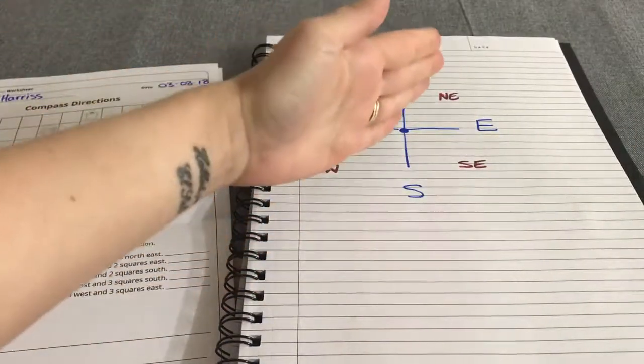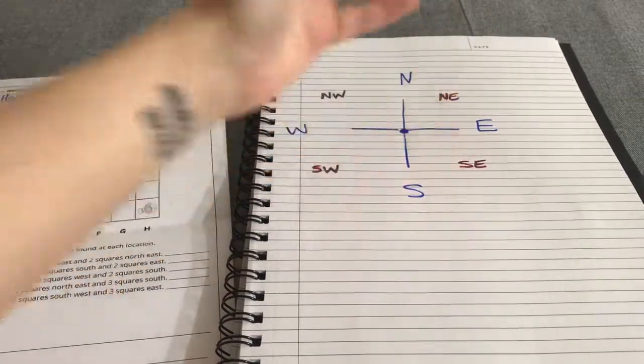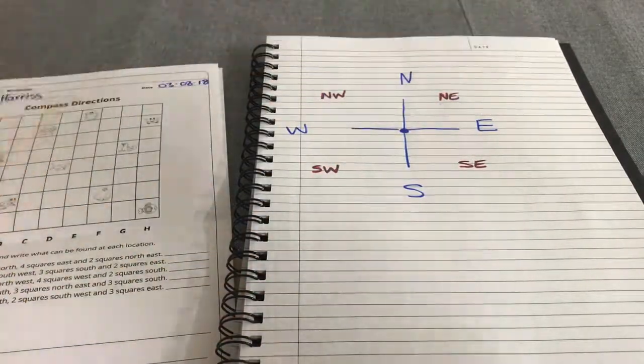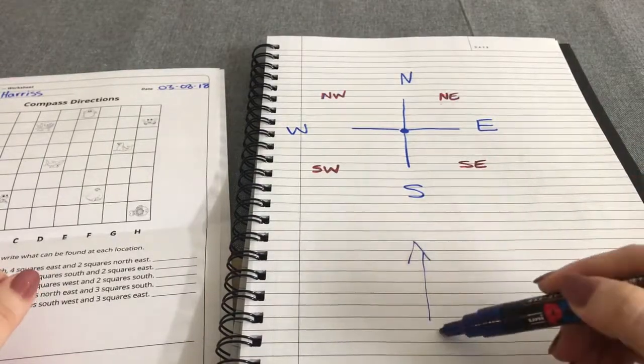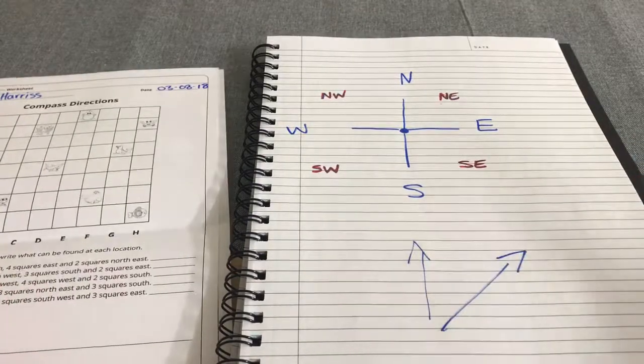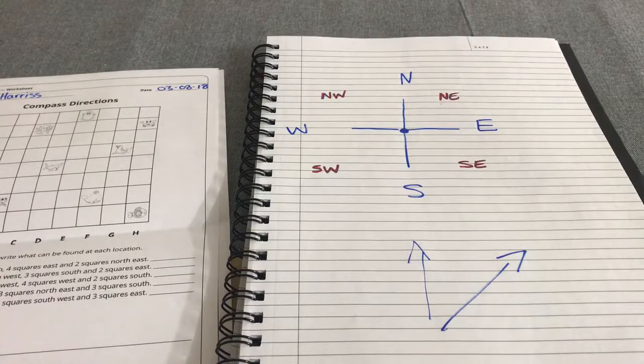So if you were going diagonally, that's what we call a diagonal line, isn't it? So instead of just going this way, we're actually going diagonally that way. And you would know diagonal lines from your measurement and from other parts of maths.